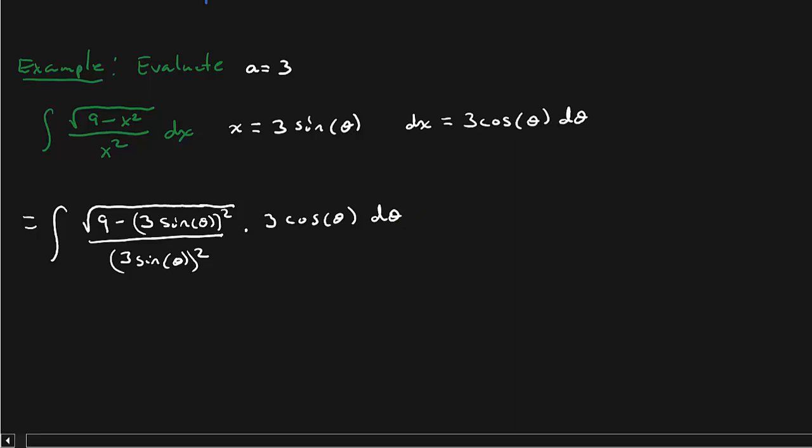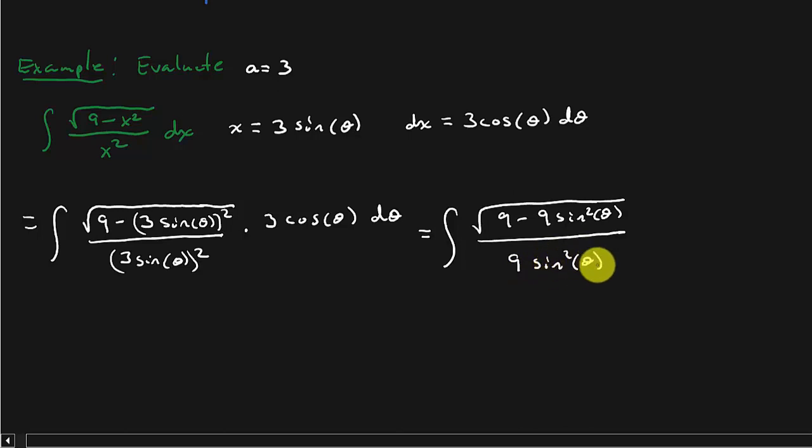So probably what I'll do on this problem, on this part of simplifying, I'll show all the steps in all my work, and then on the rest of the problems I'll kind of leave some stuff out, but it's the same process as all these steps I'm about to show. So this is the integral of the square root of 9 minus 9 sine squared theta over 9 sine squared theta times 3 cosine theta d theta.